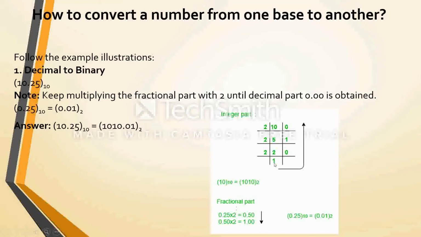Further I cannot continue with the division by 2. Hence you go from bottom to top, that is 1 0 1 0. Hence 10 represents 1 0 1 0 in binary and the fractional part is 0.01. So this is how we convert decimal to binary.